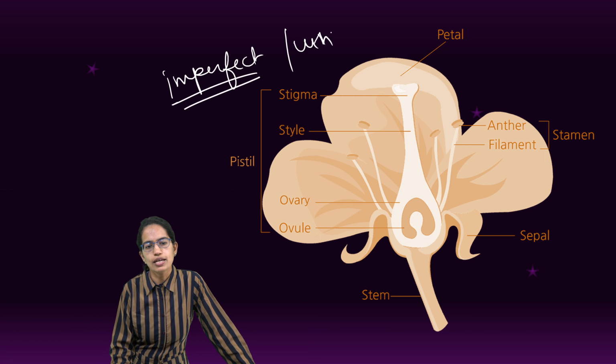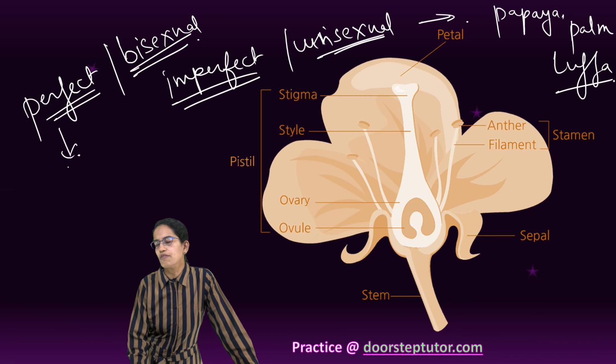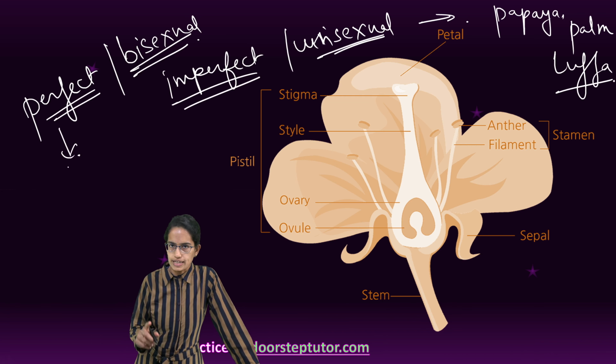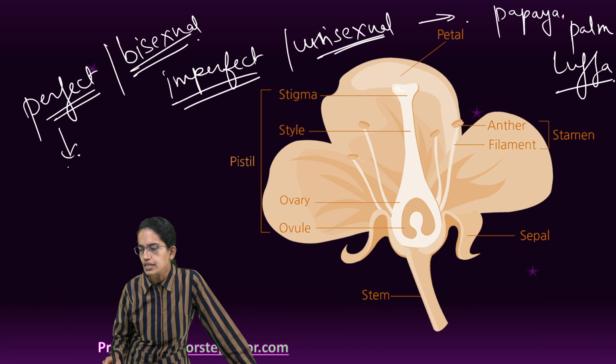Examples of imperfect flower would be papaya, palm, loofah. If both male and female whorls are present, we call it a perfect flower, or we also call it a bisexual flower. A good example of a bisexual flower would be China rose, mustard, petunia.